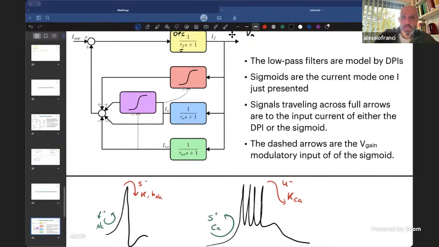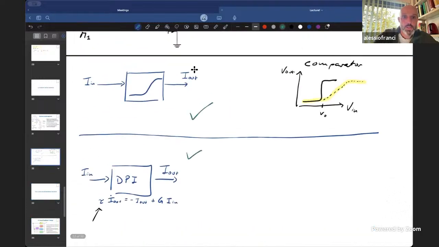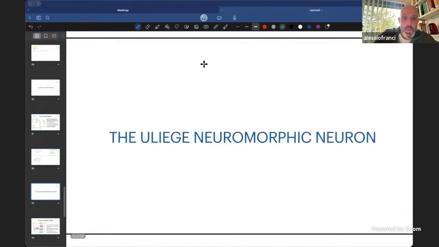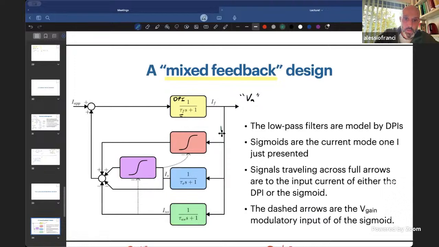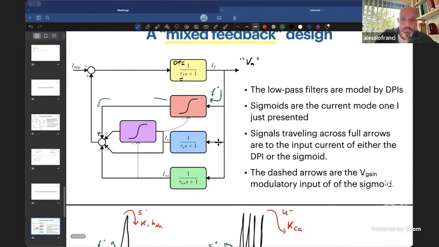Let's dissect what's going on here. First of all, this current is fed through a nonlinearity, the sigmoid that I just described over here. You have this first branch that flows here, then here, and you have a plus here, and then a plus here. This first loop corresponds to the fast positive feedback loop of a neuron.